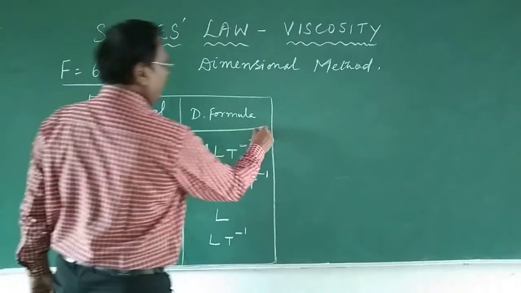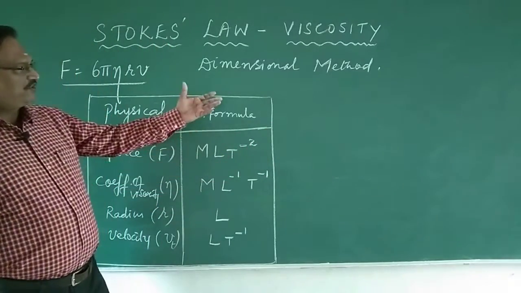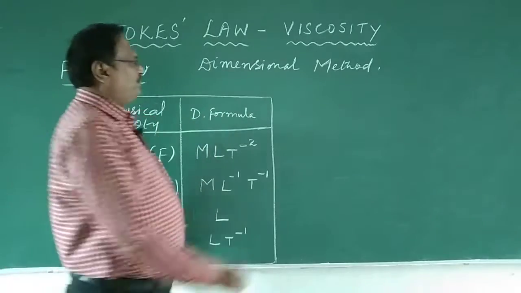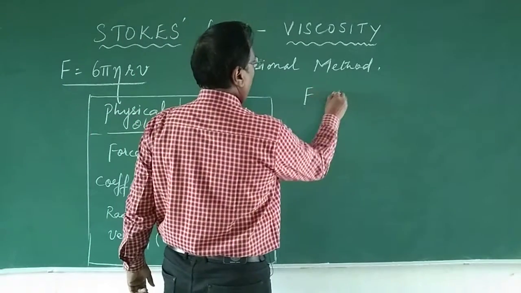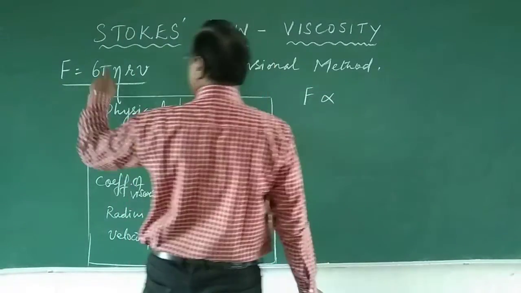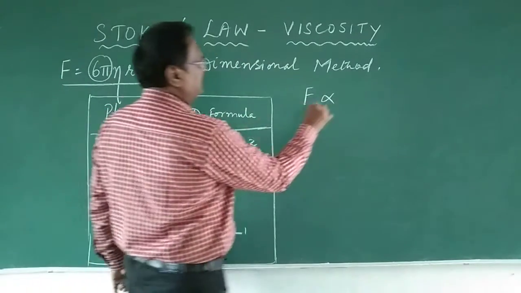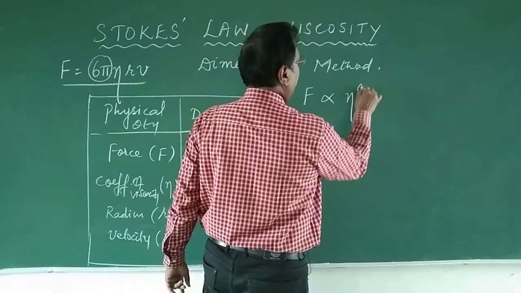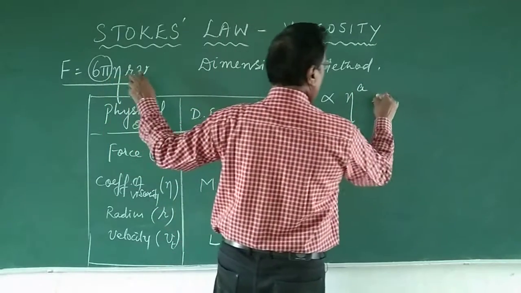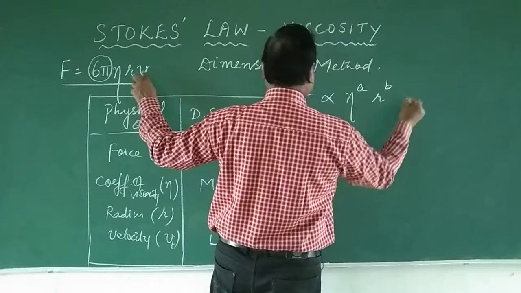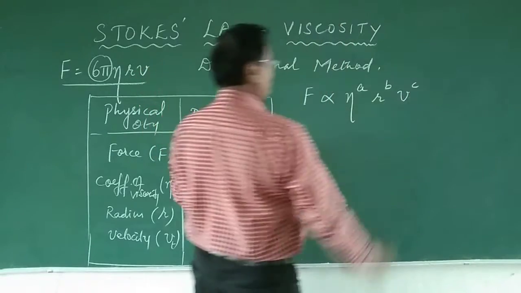After this, we are going to make a dimensional equation. We say F is proportional to, 6 pi is a constant, we are not going to touch this, eta power a times, R power b times, and V power c times.